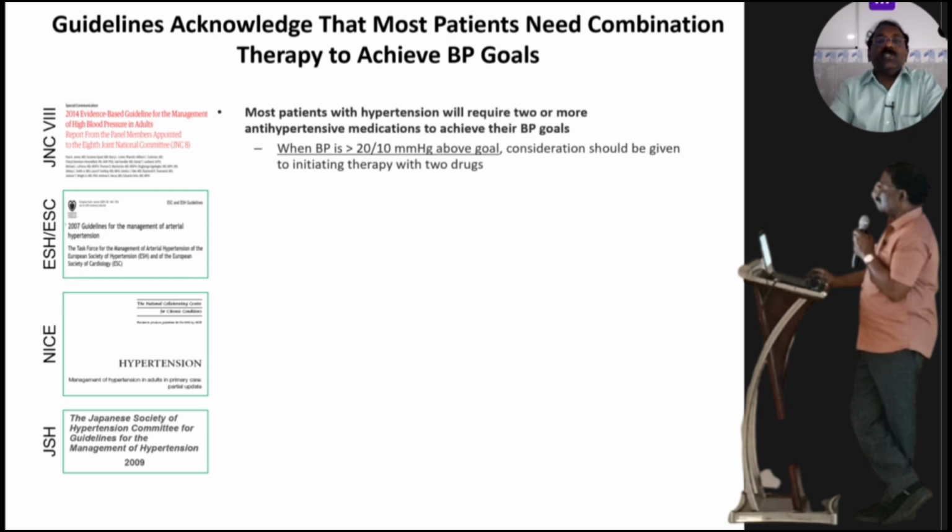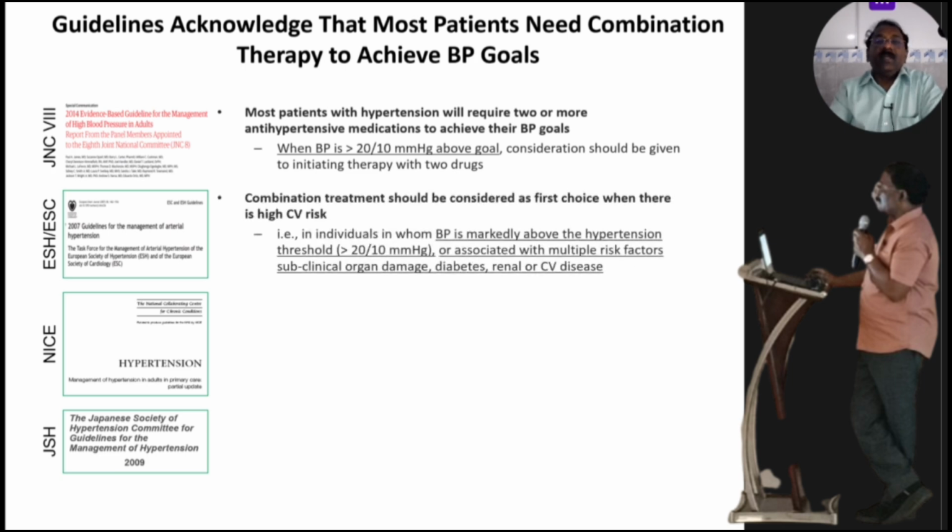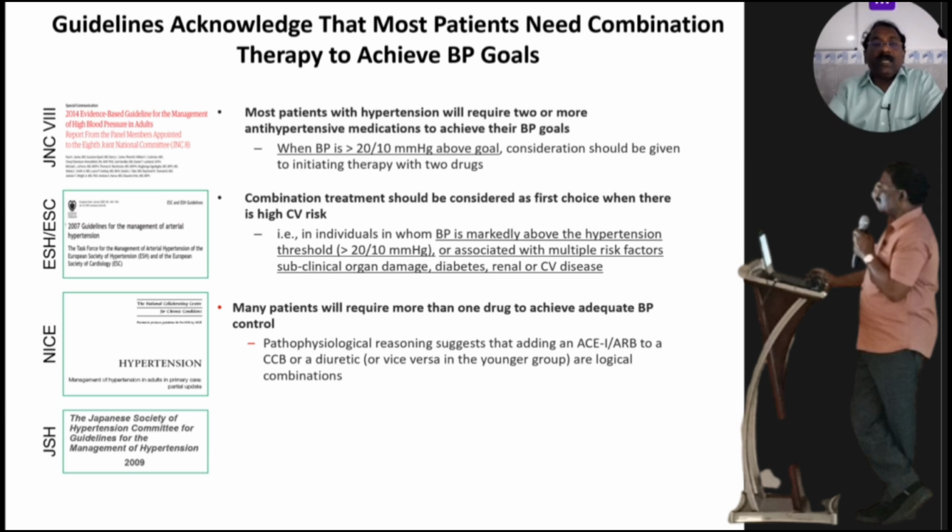See, most patients with hypertension will require 2 or more antihypertensive medications to achieve their BP goals. That is JNC. Combination treatment should be considered as a first choice when there is a high CV risk. So that is the European Society. UK guidelines: many patients will require more than one drug to achieve adequate BP control.